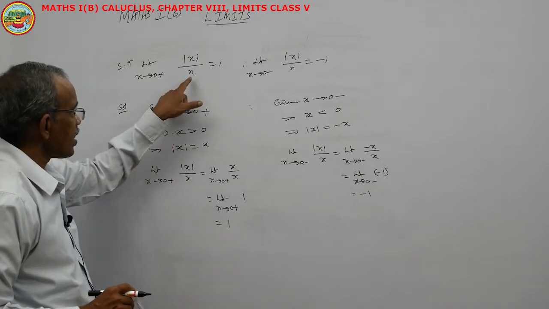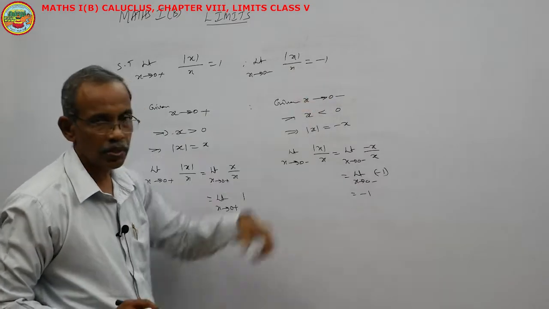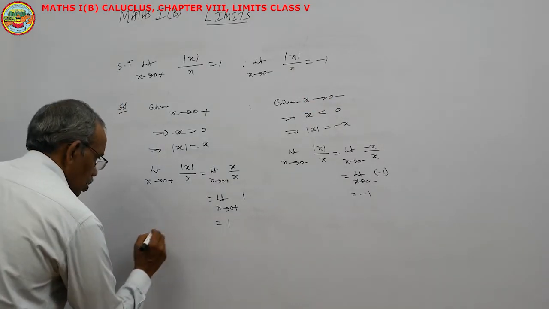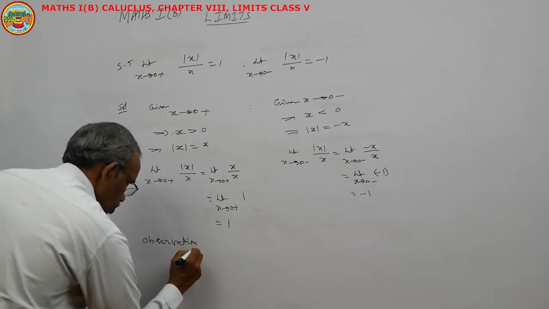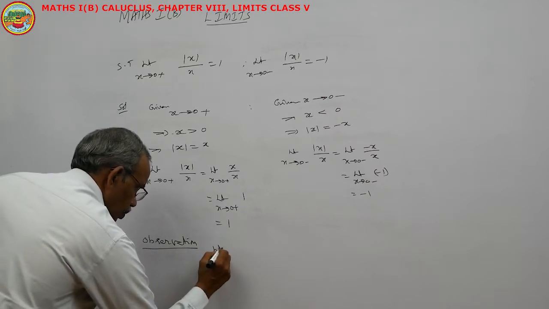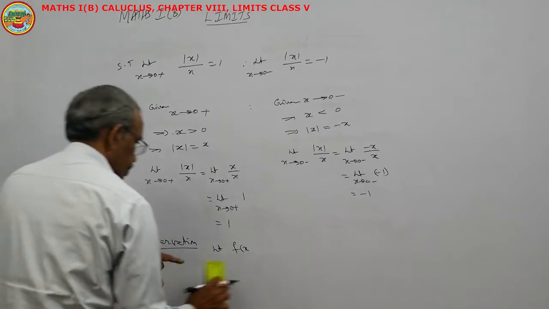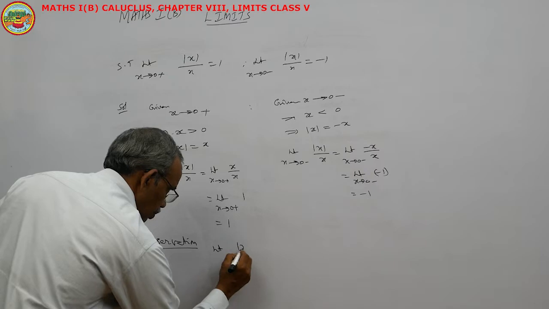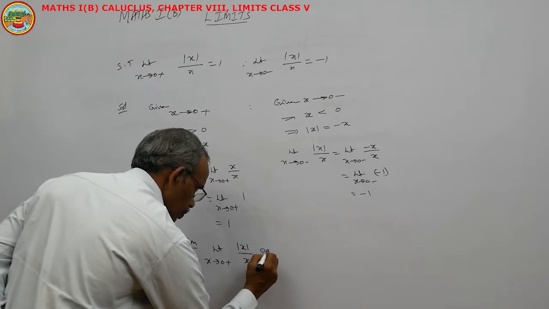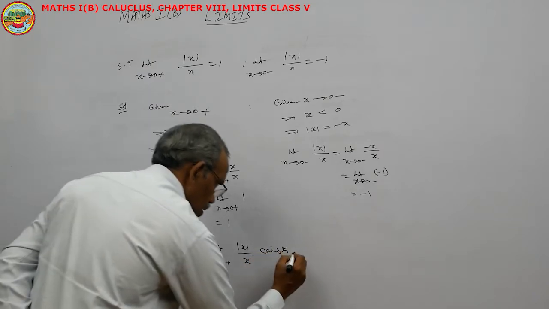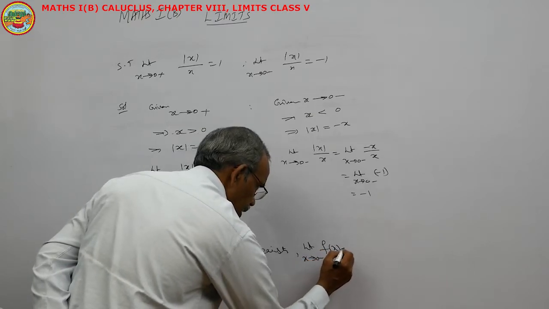So limit of modulus x by x as x tends to 0 plus is plus 1. Limit of modulus x by x as x tends to 0 minus is equal to minus 1. Here is the observation: limit of f of x as x tends to 0 plus exists, and limit of f of x as x tends to 0 minus exists.